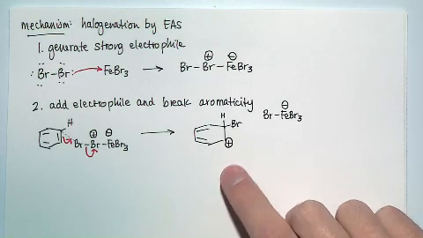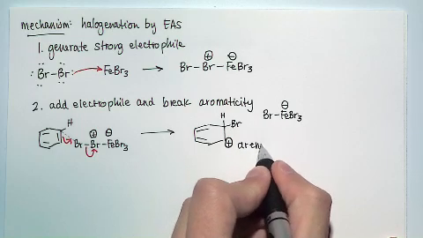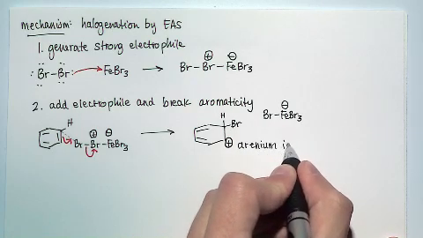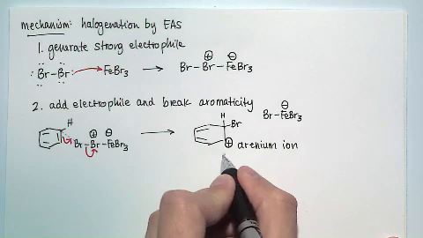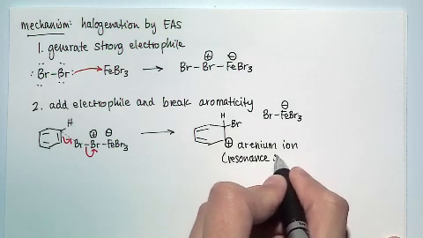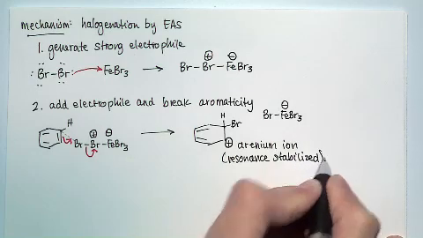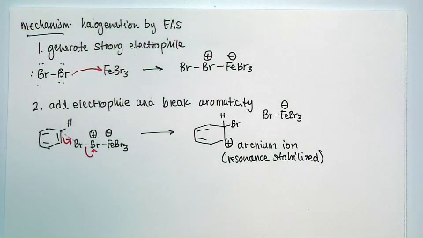This molecule, we call this the arenium ion. And this is good because it's resonance stabilized. Normally breaking aromaticity like this would not be a good thing, and it's not super favorable.